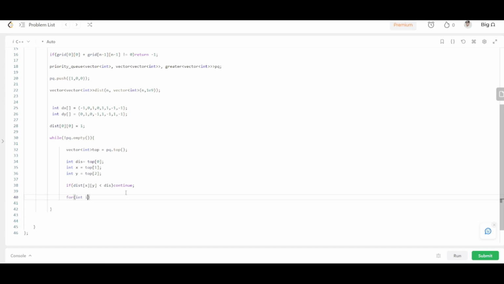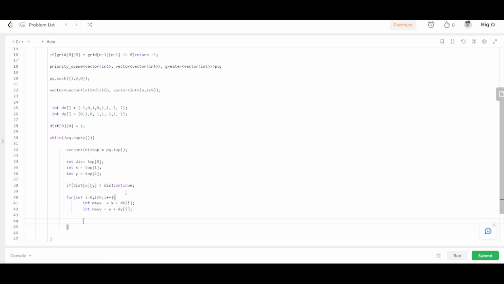So iterate over all the 8 directions and calculate the new x, that would be x plus dx[i], and the new y would be y plus dy[i].